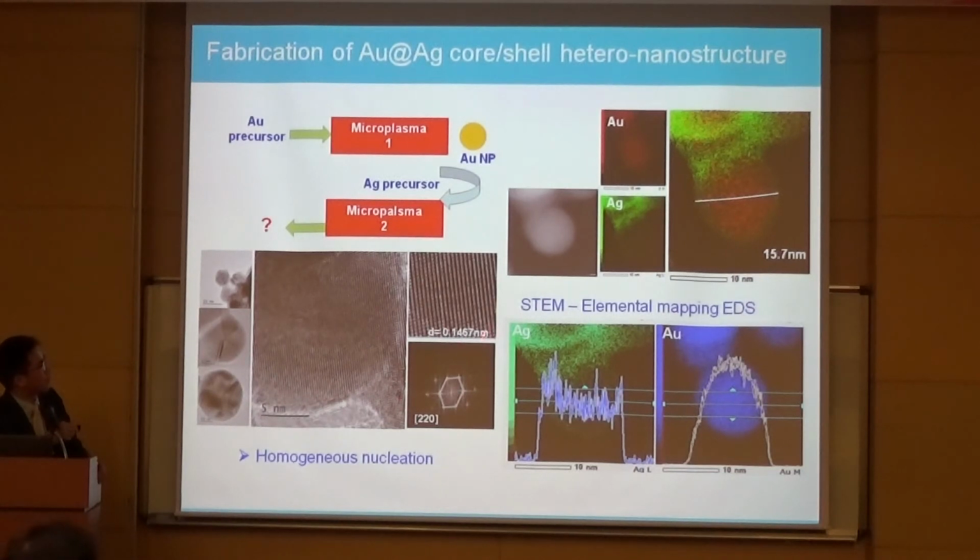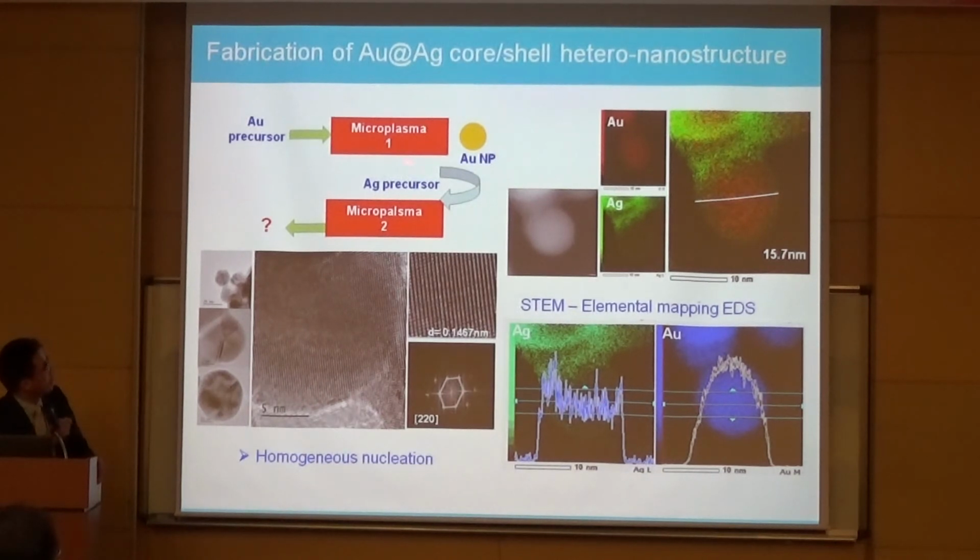But the results show, after we do a lot of very detailed STEM work, we found that this is one particle, as you can see from the EDS mapping. This is a core-shell structure, so inside is the gold, and the outside shell is the silver.